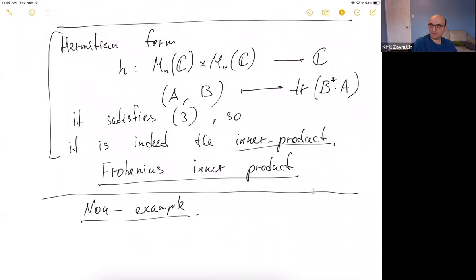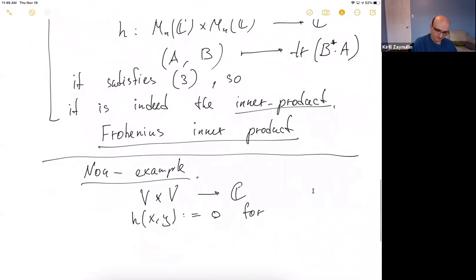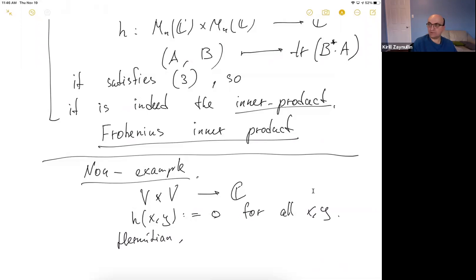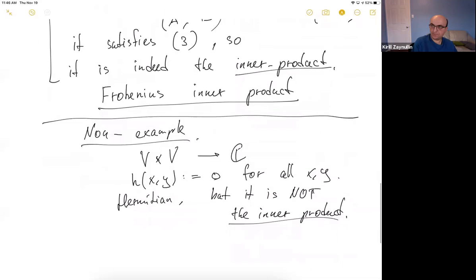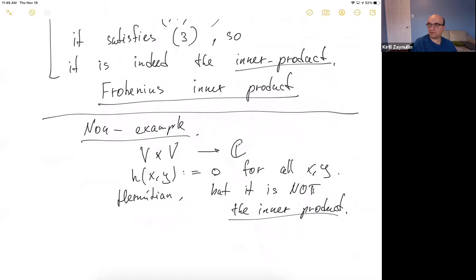As I mentioned last time, if you just take, say, a trivial zero Hermitian form, say h(x,y) is just set to be 0 for all x and y. This is, of course, Hermitian, right? But it is not an inner product, precisely because condition 3 fails in this case.